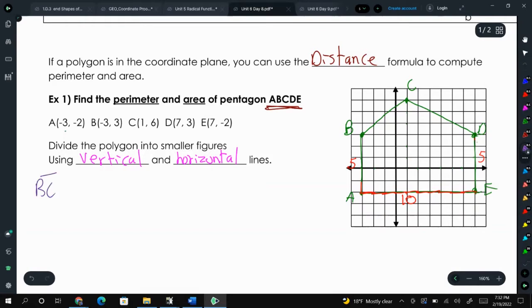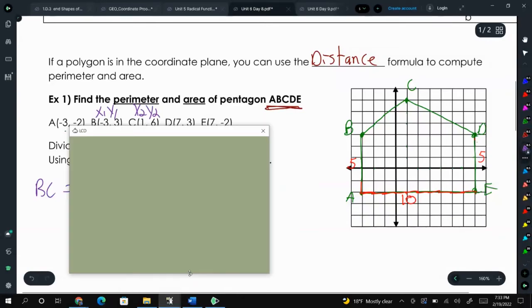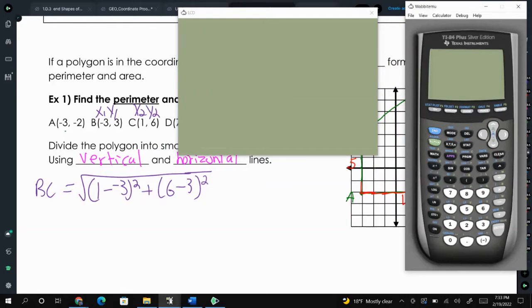So BC is equal to, well, up here, let's do x1, y1, x2, y2. Distance formula, x2 minus x1. Again, be careful of the minus negative, plus y2, 6, minus y1, 3. So I'm going to type that into my calculator here.